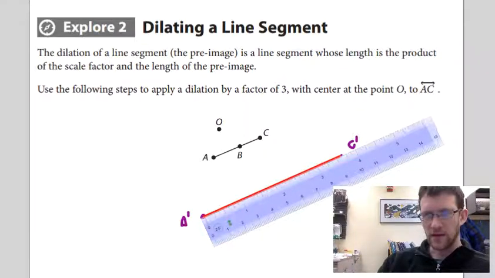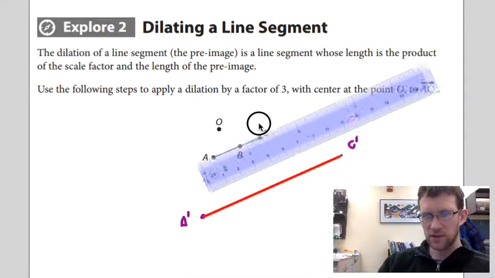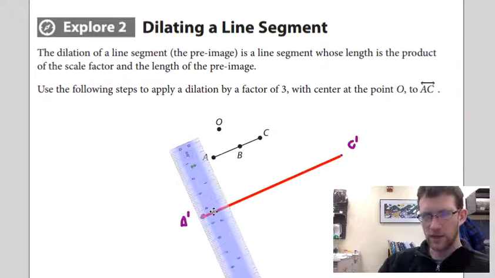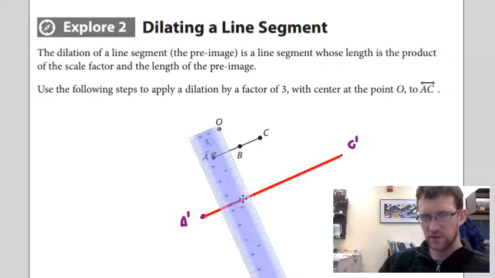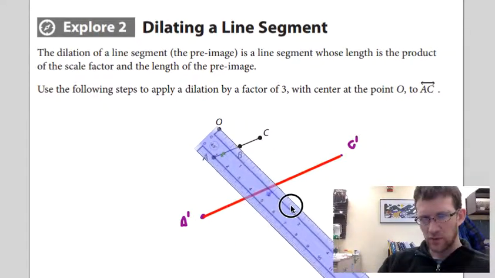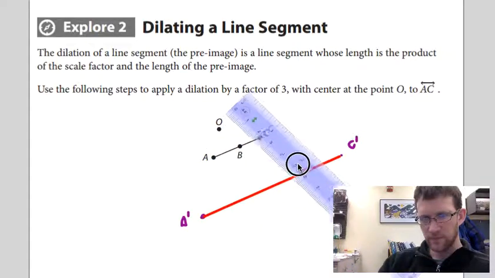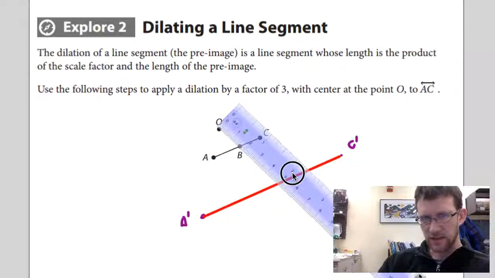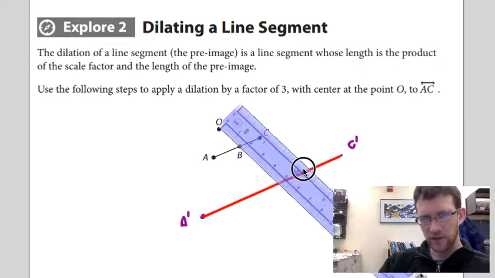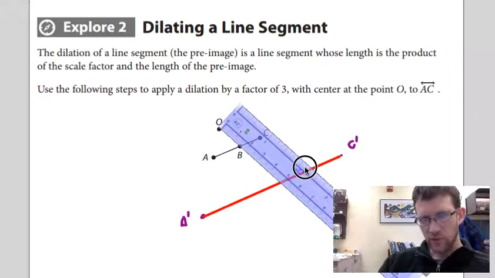Okay, and then I can confirm that this works with, let's check O and B. Let's go ahead and put B in here somewhere. So O to B is 1.6 centimeters or so.